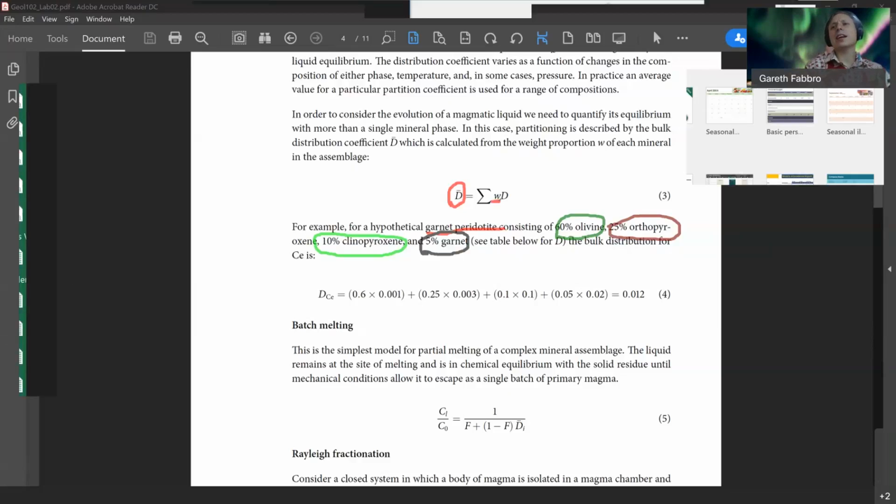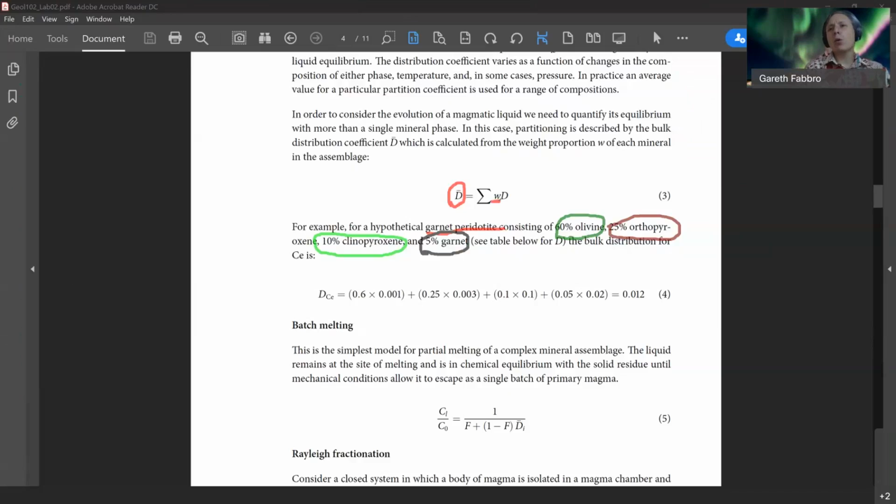This is the proportion of the mineral in the total rock, and we multiply it by the partition coefficient of that mineral. So in this hypothetical example here, we take the olivine, and so this 0.6 here comes from the 60% up here.